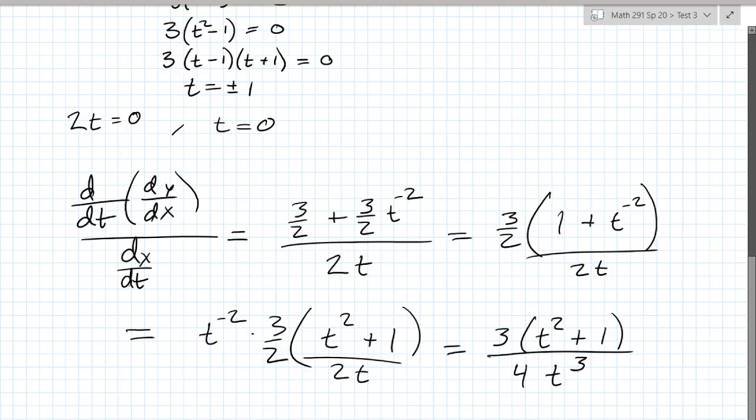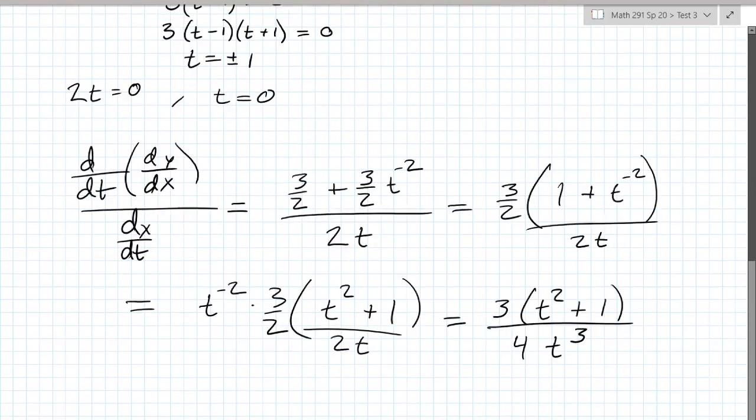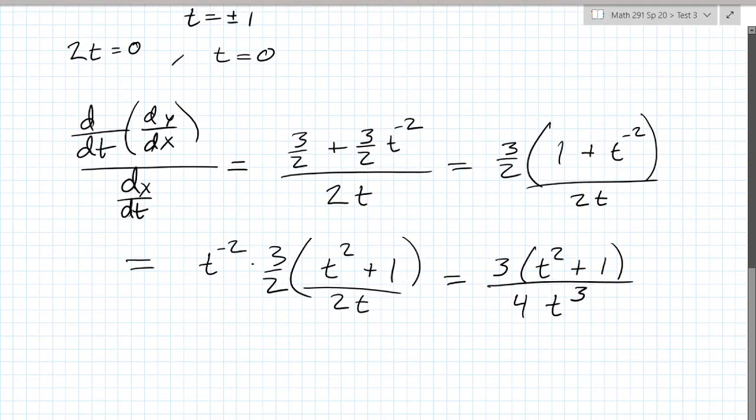We bring the t to the negative 2 down to the denominator and combine it with the other t's to get a t cubed. So the only place that this can change from positive to negative is if the denominator is positive or negative, because the numerator is always positive. You take a number squared, add 1, it's still positive, multiply by 3, it's still positive.